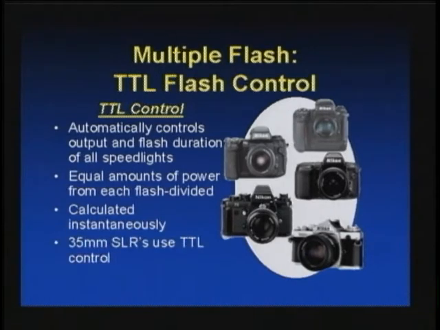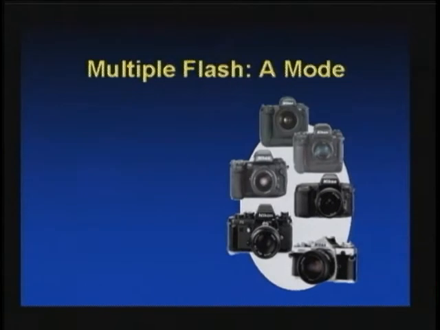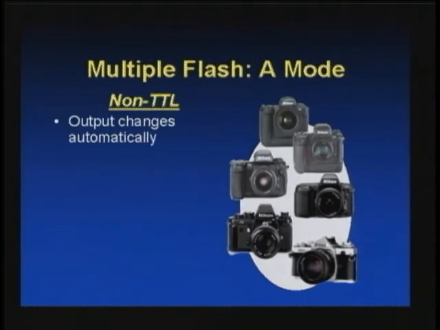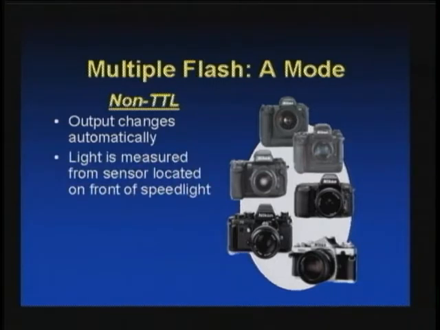For non-TTL control, the output changes automatically again, but it's from a sensor located on the Speedlight. Your light is not going through the lens. Careful placement of the Speedlights is necessary when you're working in a non-TTL mode because the sensor can be adversely affected by subject reflectance.